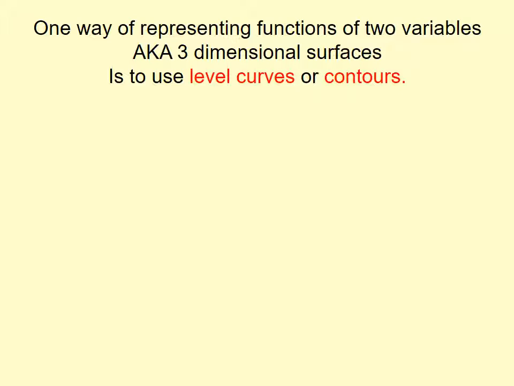So I wanted to show you one way of representing functions of two variables, and that's to use what are called level curves or contours. Now we will actually do this together in one of the Maple assignments, and I'll show you that in Maple. However, let me show you.